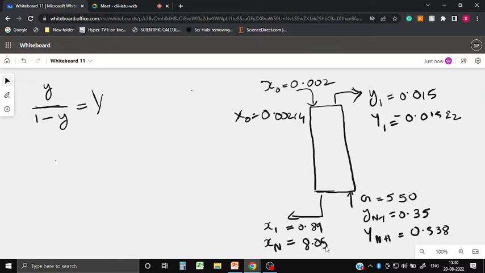From there we know all other values except L minimum. So after solving this, we will get L minimum as 23.106.